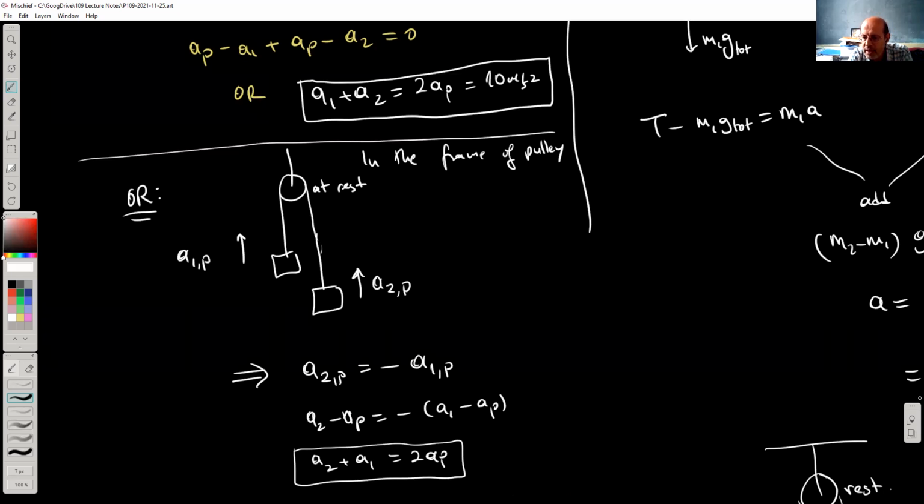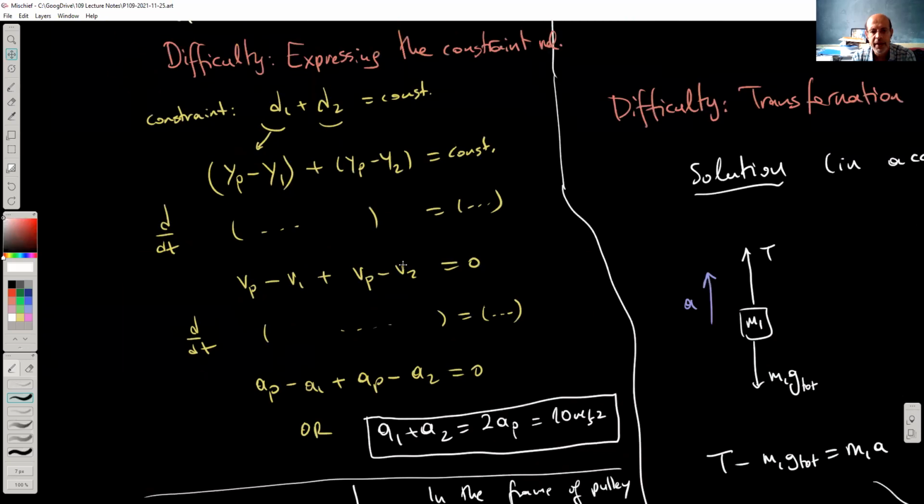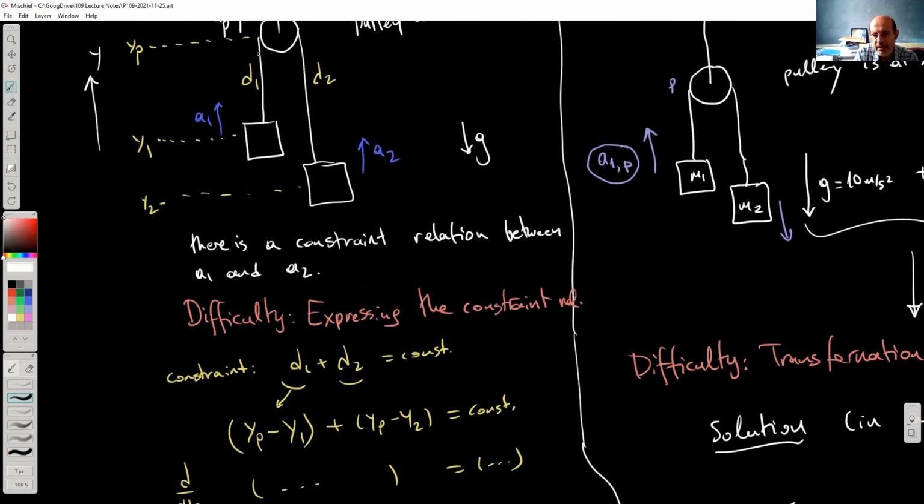Because I'm interested in the accelerations, since I'm going to use them in Newton's second law. So I would like to find the constraint relationship between the accelerations. That's my final aim. But here I started with the distances, the positions, because it is easier to express the constraint in terms of the positions, because the constraint is the fact that the string has a fixed length.